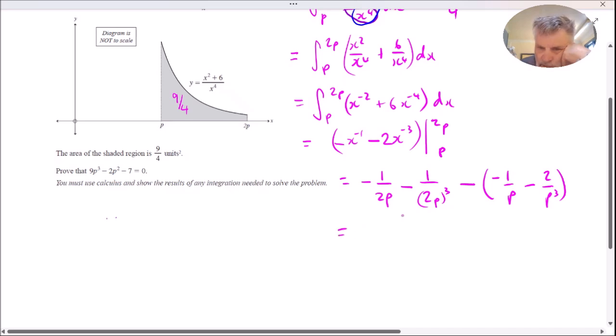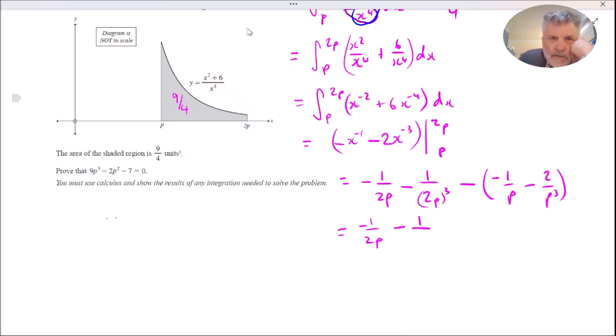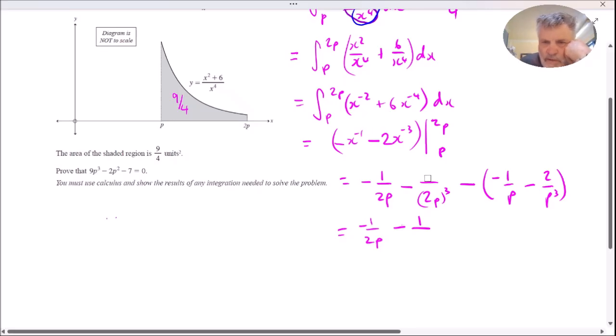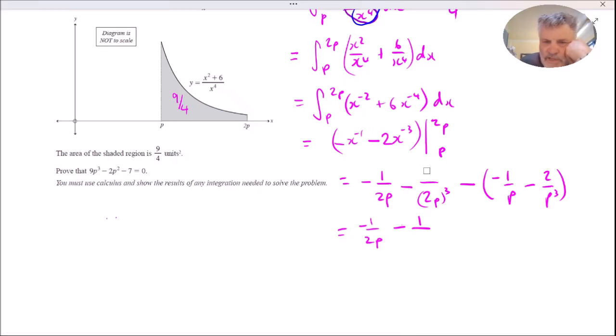We can tidy that a little bit. It's minus 1 over 2p, minus 1 over, I wrote 1 on the top there, but this has got a 2 in it. So I avoided one mistake, and I'm writing another mistake instead.